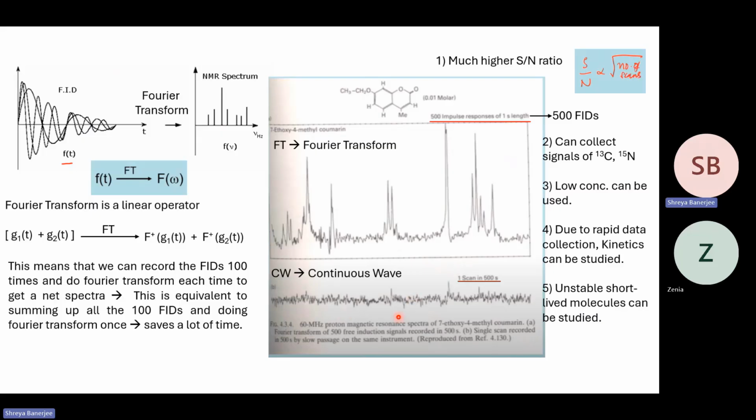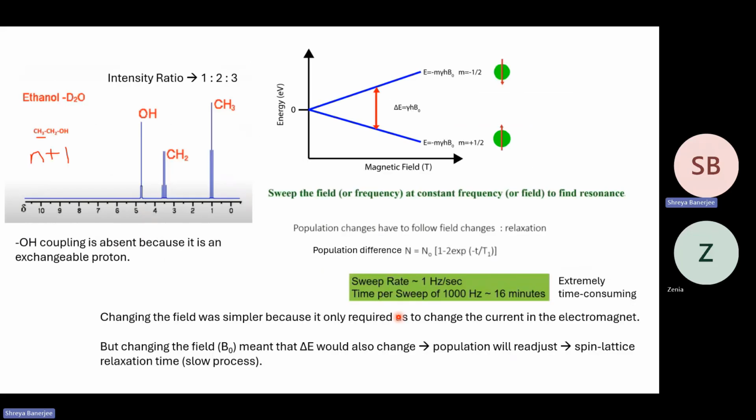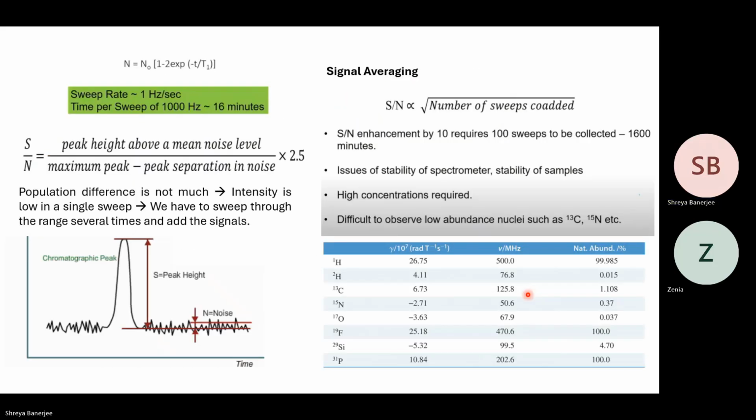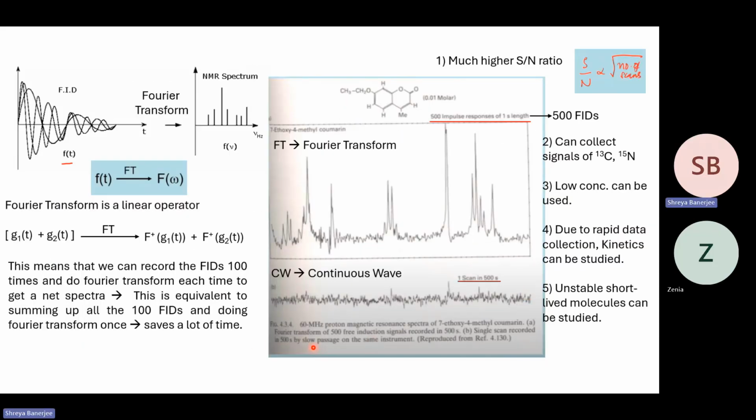Continuous wave is the one where we were scanning frequency 1 hertz per second. So it was taking 16 minutes to sweep 1000 hertz. There the spectra is very much noise. It is mostly noise. You cannot figure out which are the spectra of the sample.